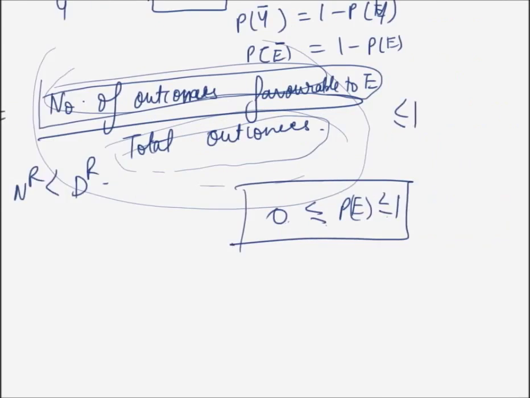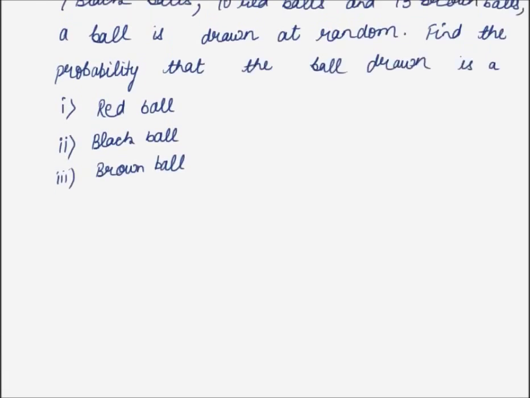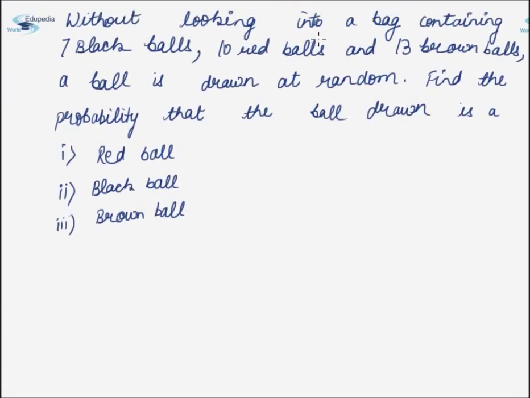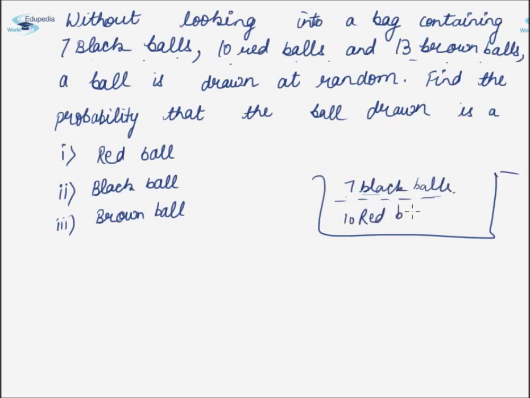Now, let us have some questions on the probability concept. Without looking into a bag containing 7 black balls, 10 red balls and 13 brown balls, we have 7 black balls, 10 red balls and 13 brown balls in a bag.